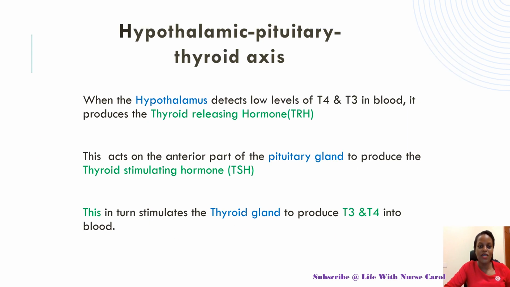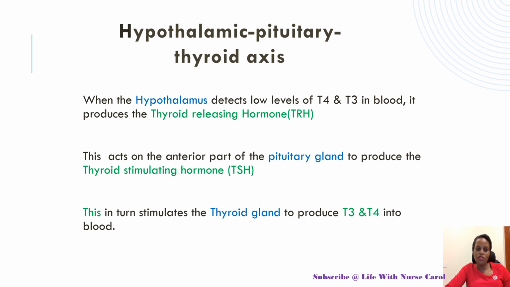Let's look at the hypothalamic pituitary thyroid axis. When the hypothalamus detects low levels of T4 and T3 in the blood, it produces the thyroid-releasing hormone, or TRH. This thyroid-releasing hormone acts on the anterior pituitary gland to produce the thyroid-stimulating hormone.